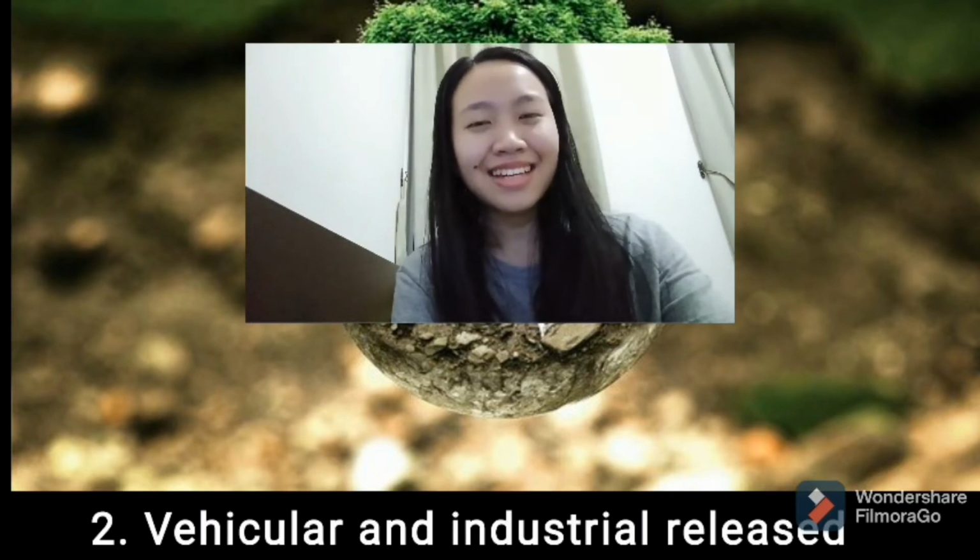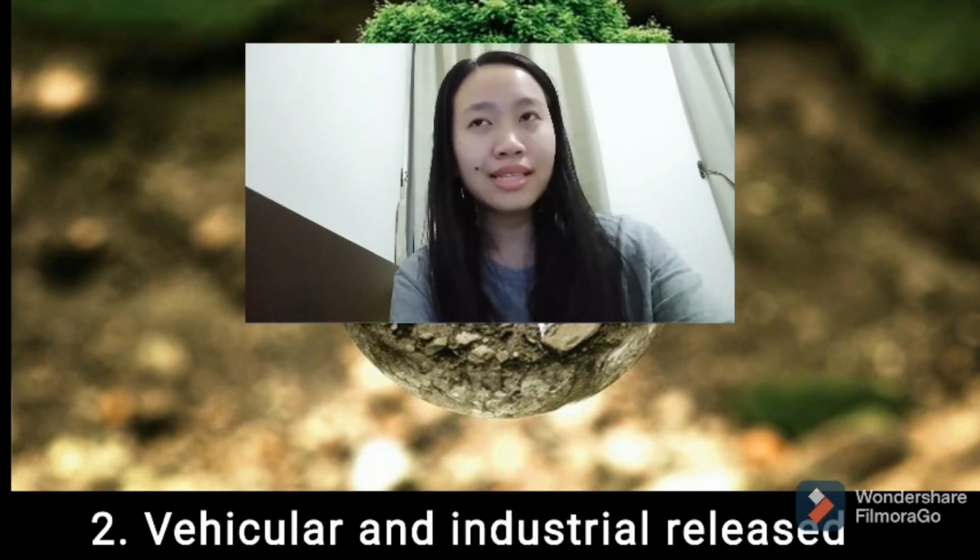Next, the second cause of smog is vehicular and industrial release.